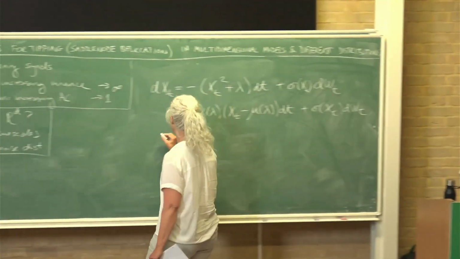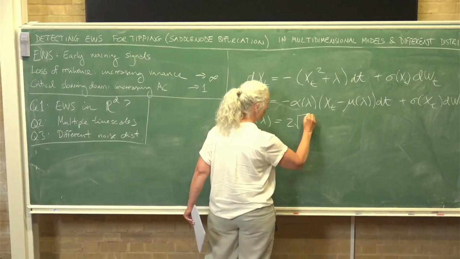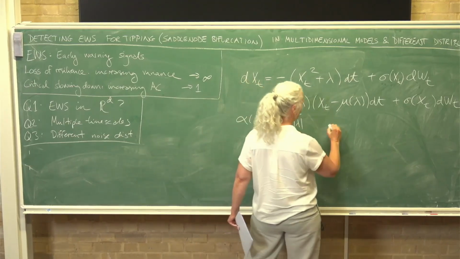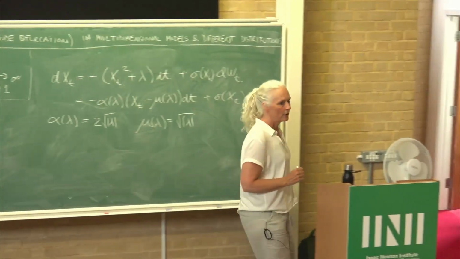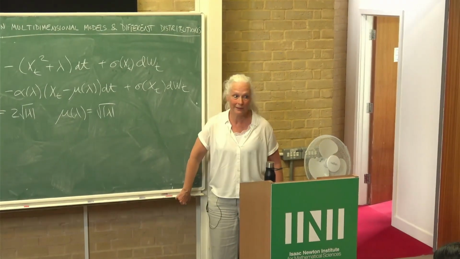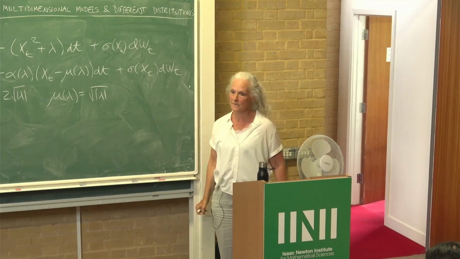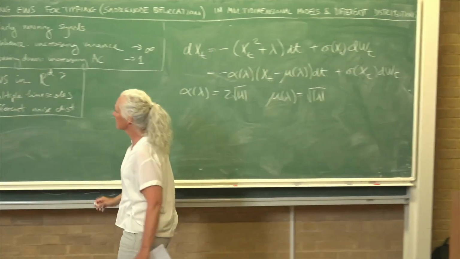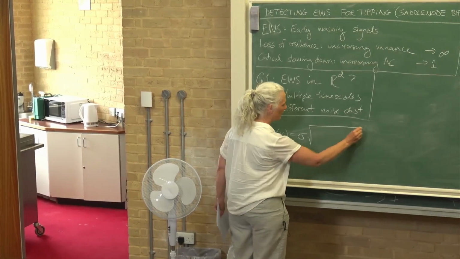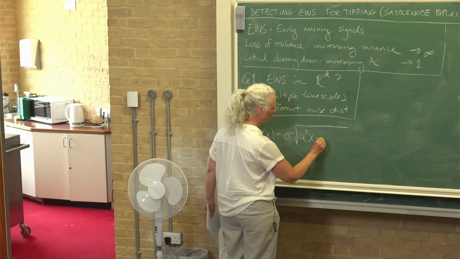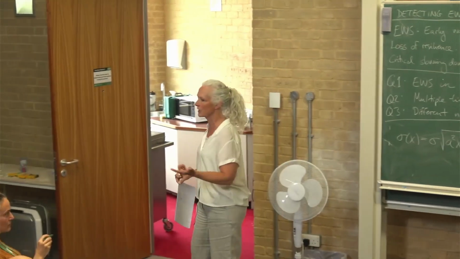And just to recall, now I just write this up. That is 2 times the square root of lambda, and mu of lambda is just the square root of the absolute value of lambda. Now it turns out, if sigma takes such a function, I cannot do all of it, but let's just say that I have the square root of a second order polynomial.